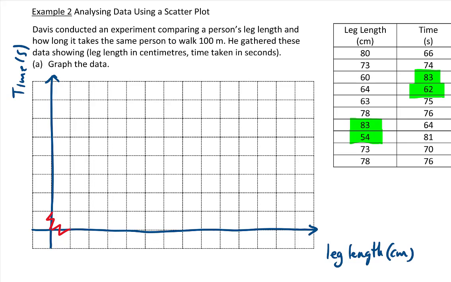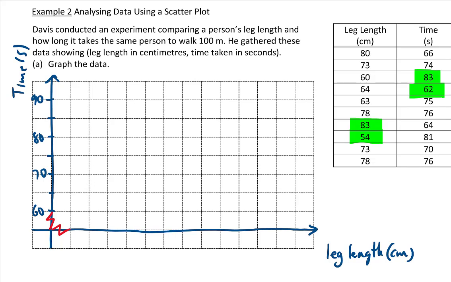If I want to go from, let's say, 60 to 82 for the time, we're going to start at 60 because that's our lowest. And let's count by 5. So there's 60, 65, 70, 75, 80, 85, 90. That should fit all our data points for time.